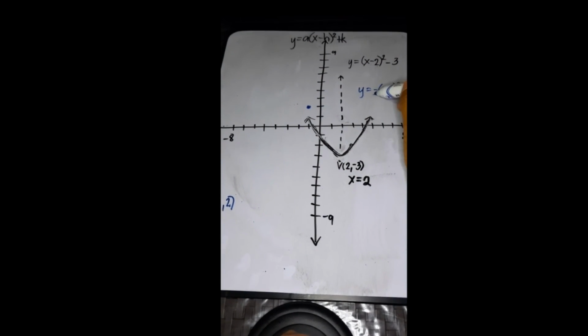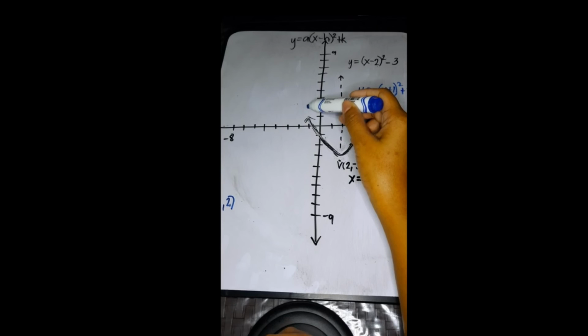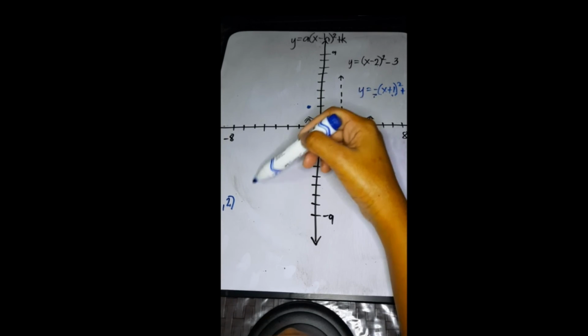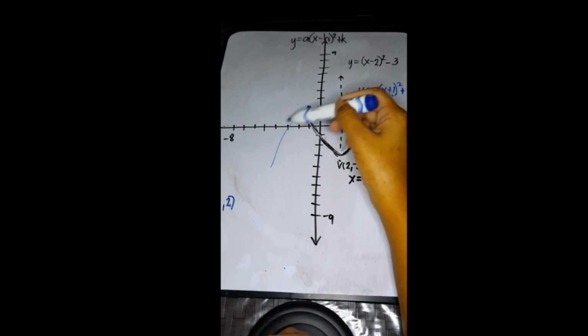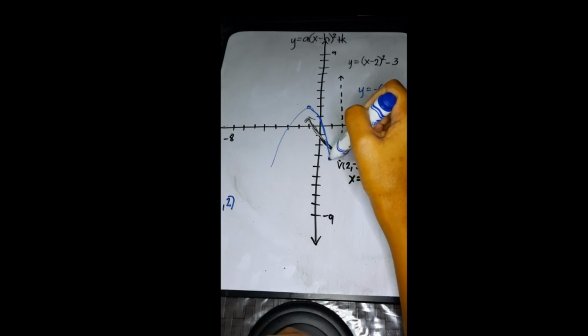Since the value of our A is -1, negative kasing nakalagay dyan, so our A is -1. So A is negative, so that means the graph opens downward. Approximate na natin yung graph natin.